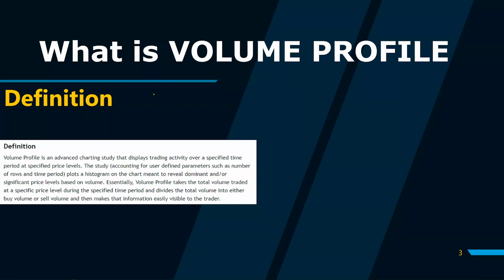So if it's 25 cents, 50 cents, whatever it is, it plots a histogram on the chart meant to reveal dominant and/or significant price levels based on volume. So essentially volume profile takes the total volume traded at specific price levels during the specified time period, so whatever you're showing on your screen, and then divides the total volume into buy or sell volume and then makes that information easily visible to the trader.